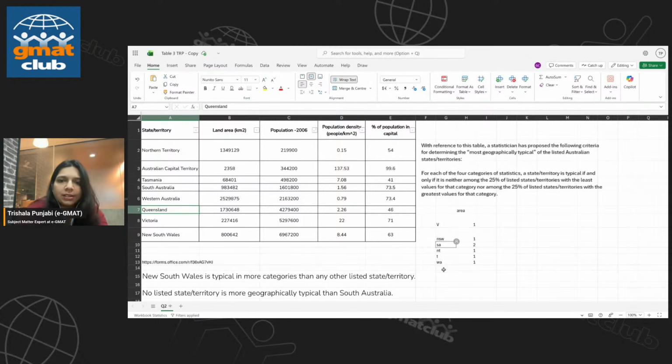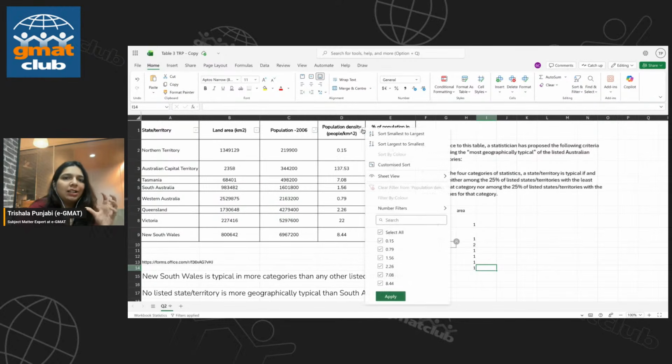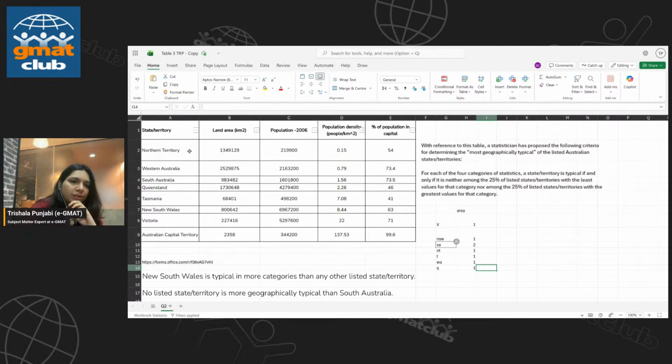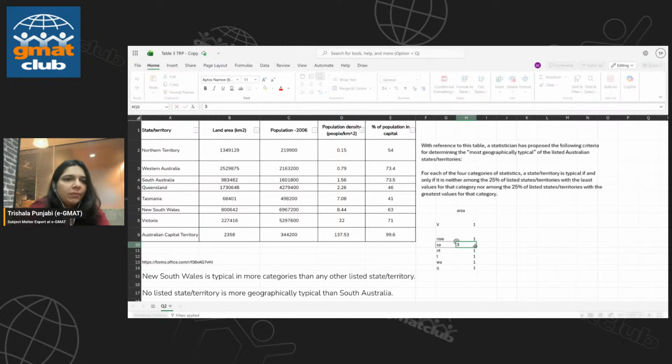Queensland is also new. The entire question is about finding out the typicality, so we are looking at which are typical and non-typical. Not the top two, not the bottom two. South Australia again, so that's a 3. Queensland again, that's a 2. Tasmania again, a 2. And New South Wales again, a 2.